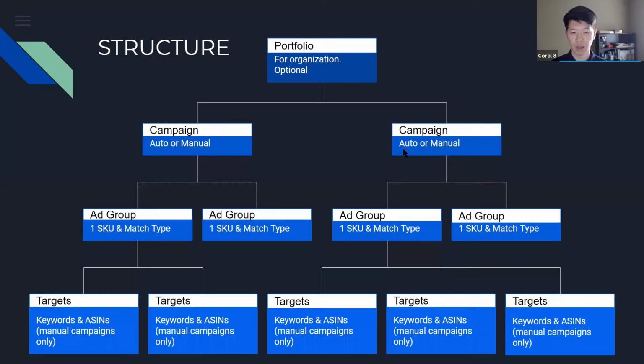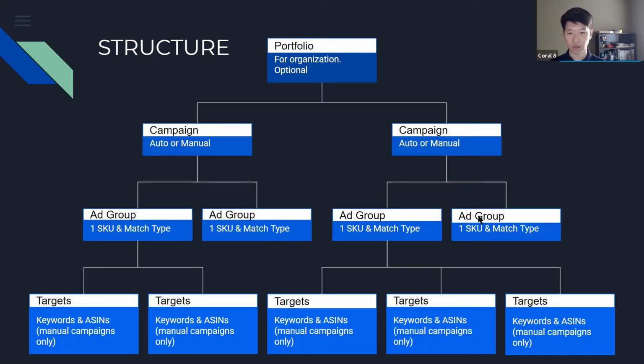And by automatic, that means you do not need to provide keywords. Amazon will predict the keywords as well as the competing ASIN targets that should be used to advertise your product. But you can also create manual campaigns, and manual campaigns is where you do select the keywords and the product targets that you want to advertise for.